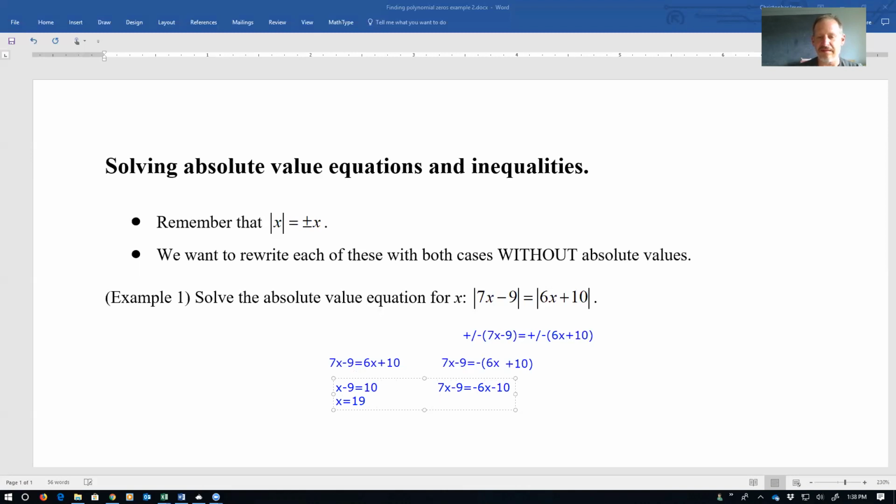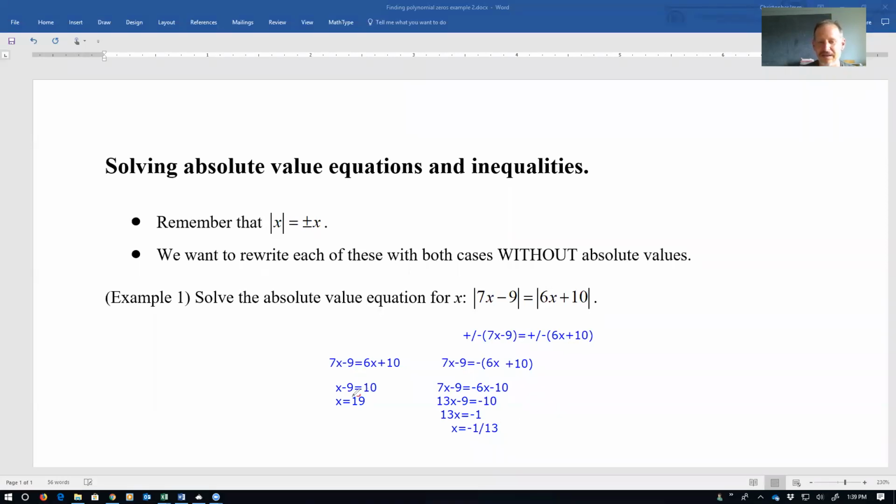If I add that 6x over now, I'll have 13x minus 9 is equal to negative 10. And finally, if I add the 9 over, I'll have 13x is equal to 9 minus 10, a negative 1. Divide by 13 gives me x is equal to negative 1 over 13. These would be my two possible answers.